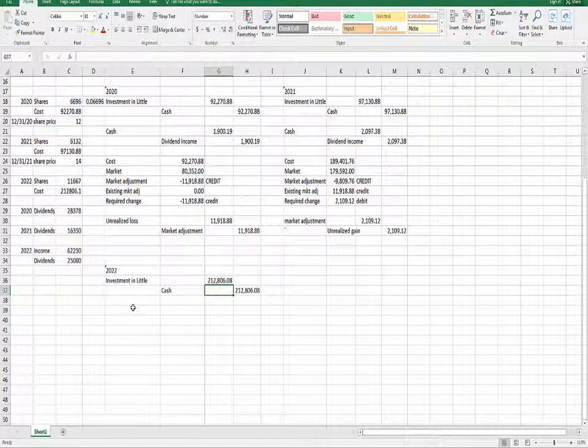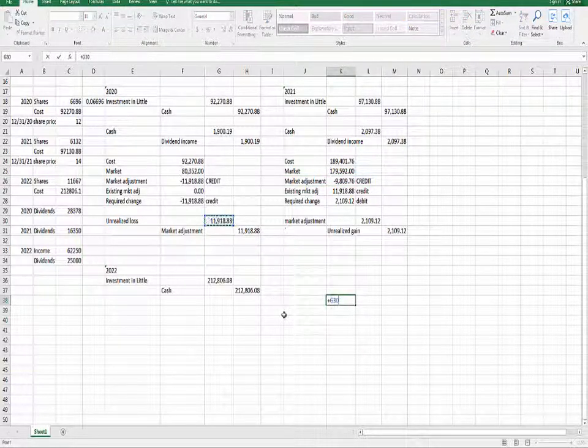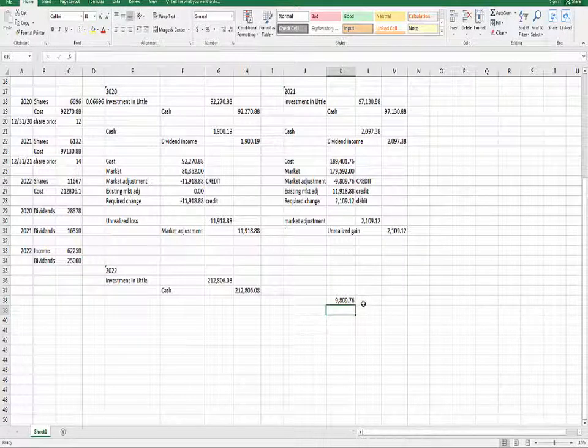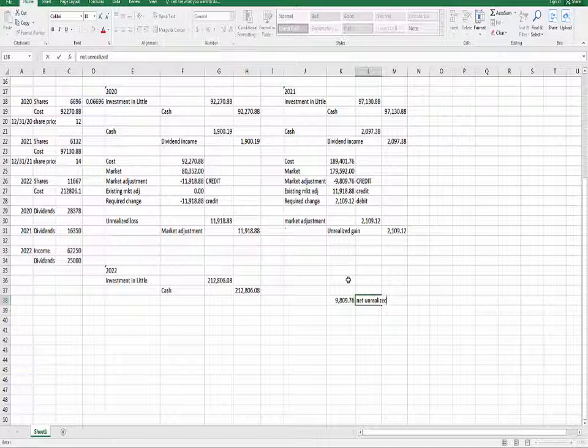And there are two things we have to do when we switch to the equity method. First, we've got a cumulative unrealized loss of $9,809. Again, we showed an unrealized loss of $11,988 in the first year. We offset that with a little bit of an unrealized gain the second year, but the net unrealized loss, or the cumulative unrealized loss, that we're carrying forward is $9,809.